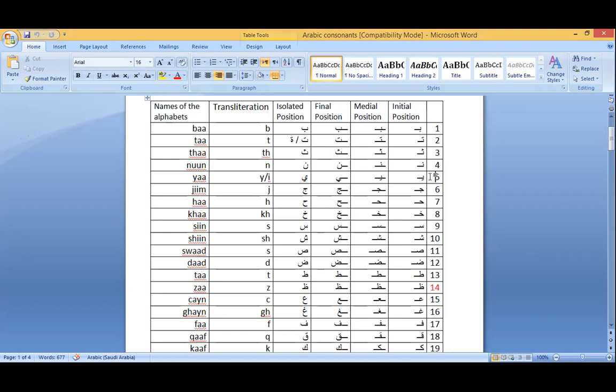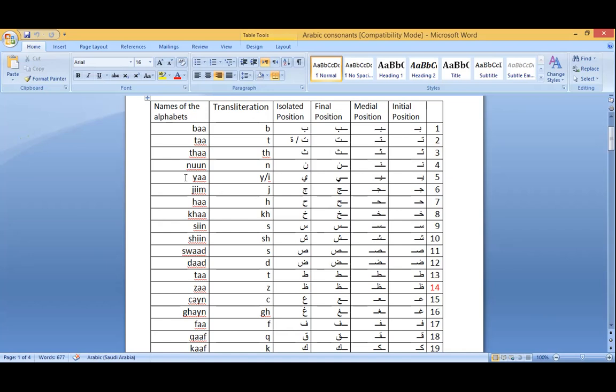Alia? Yes, sir. I'm saying, is there a letter that has changed its shape from initial, middle, to final? From Ba to Ya, number 5. No.